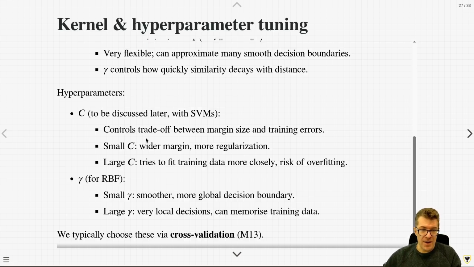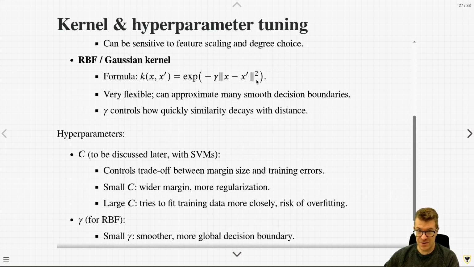And then gamma, small gammas give you smoother, more global decision boundaries, and large gammas will give you very local decisions, very spiky, very wiggly. This will memorize training data, so there's more risk of overfitting with large gammas. I'm probably not going to ask you to memorize anything about the trade-offs between C and gammas, but in both cases, large values of these hyperparameters give you more risk of overfitting.